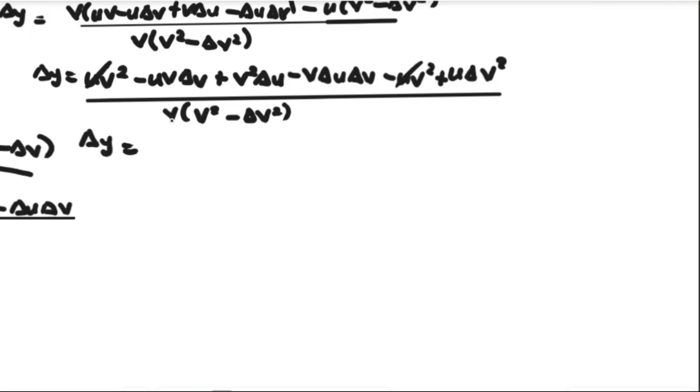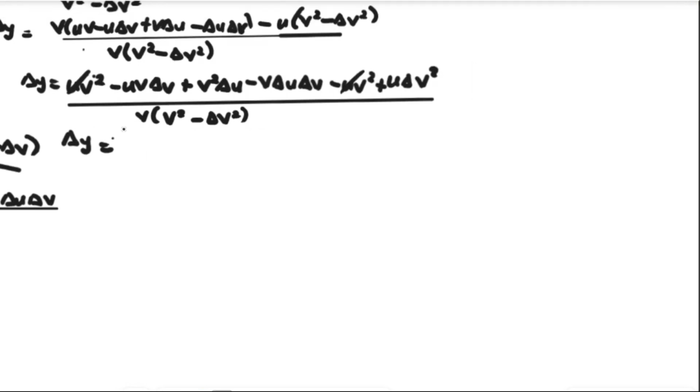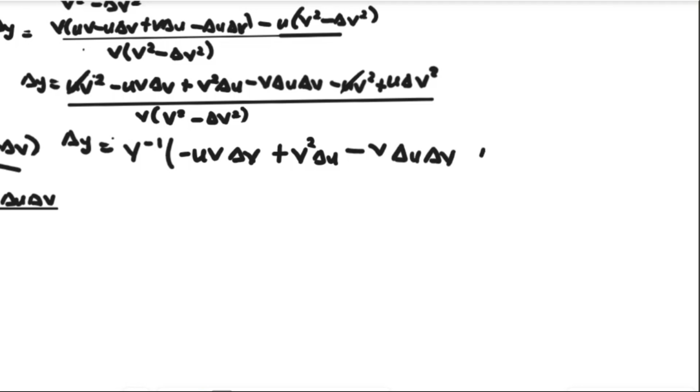This v that we have at the denominator will be v raised to the power minus 1 multiplied by minus uv delta v plus v squared delta u minus v delta u delta v plus u delta v raised to the power of 2.